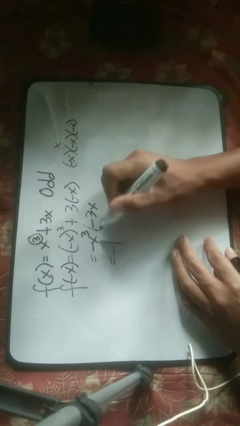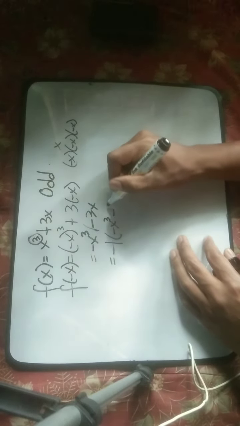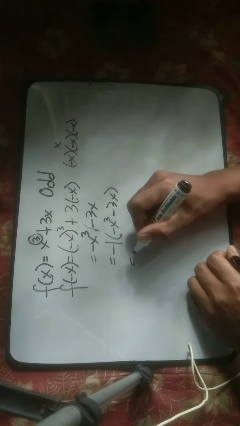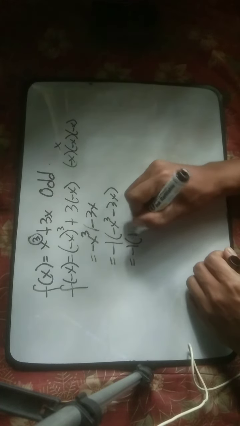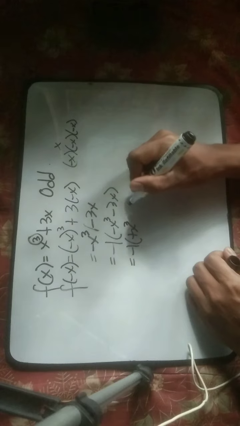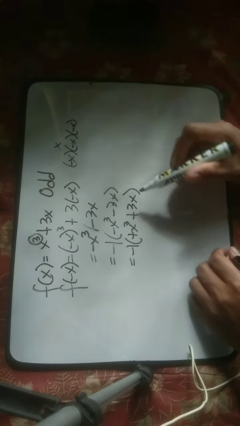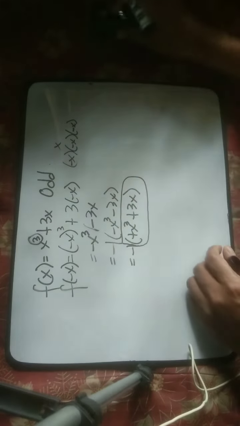So negative 1 times x cubed plus 3x is equal to negative 1 times x cubed plus 3x.